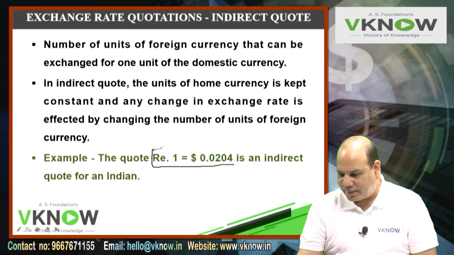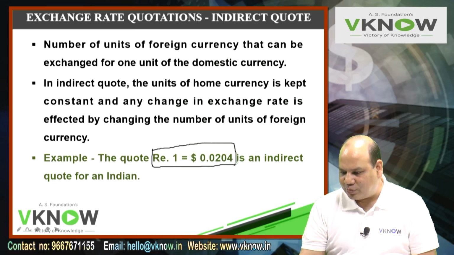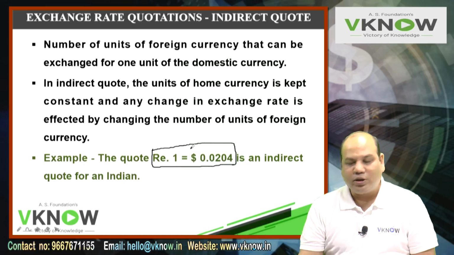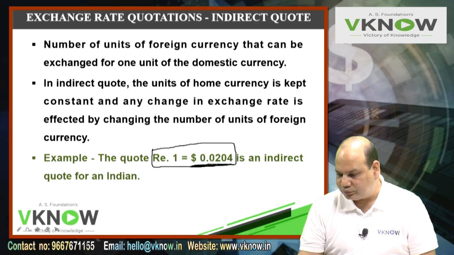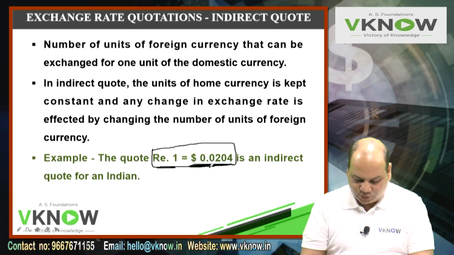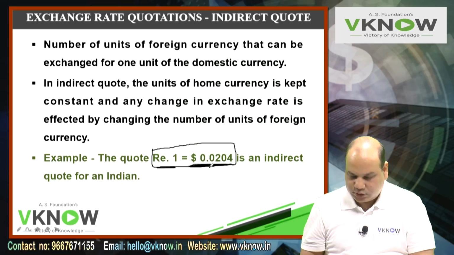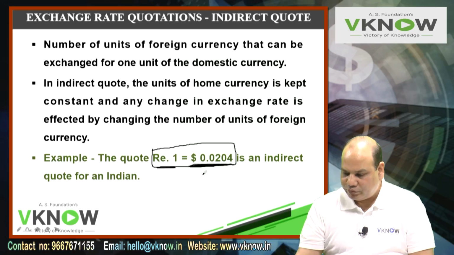Suppose we use indirect quote in India, suppose only, what will be the rate of dollar and rupees in India? Then we will quote like this: $0.0204 is equal to rupee 1. And how did you get this number? 1 divided by 49. So if I take the reciprocal of 49, 1 by 49, I will get this number.